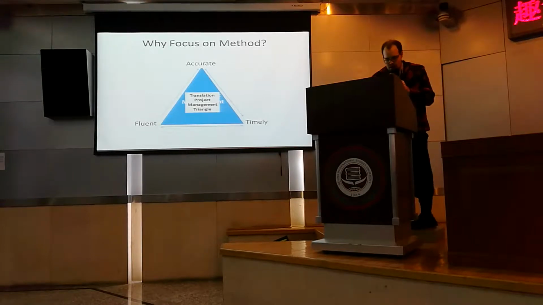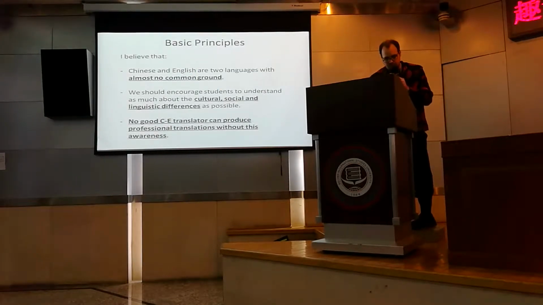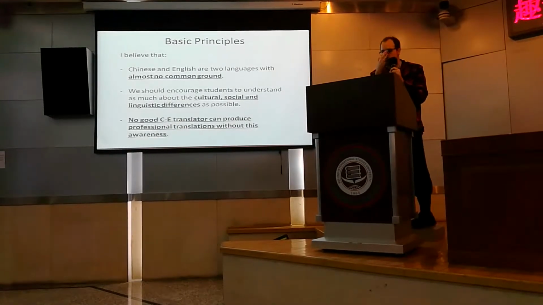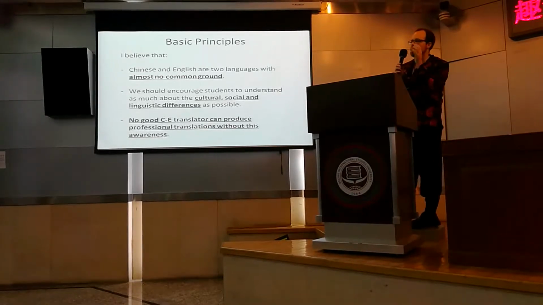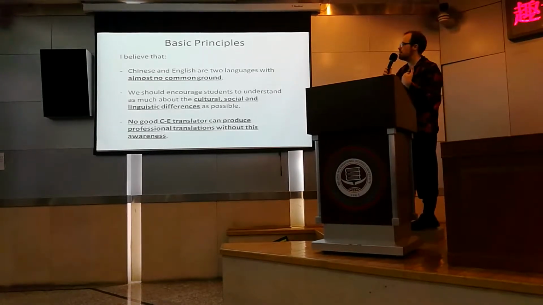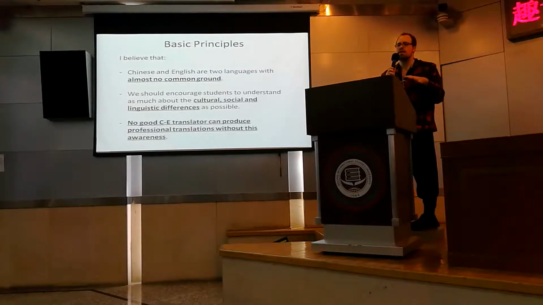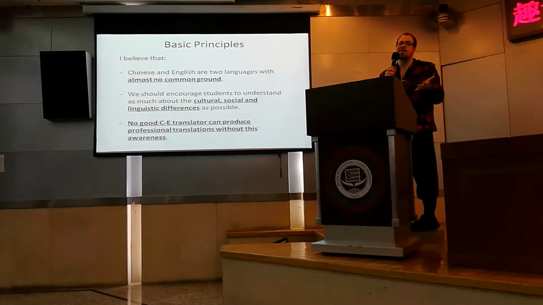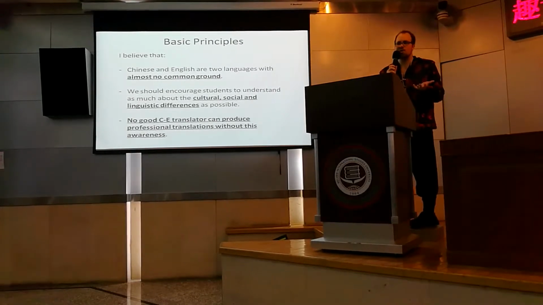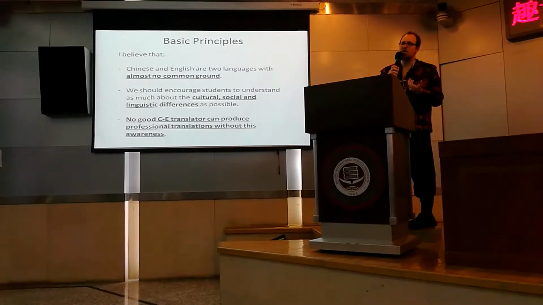All right, let's move on then. So again, just some basic principles about this method that I'm proposing. Firstly, my process is an acknowledgement that there is very little common ground between Chinese and English, right? There's very, very little.